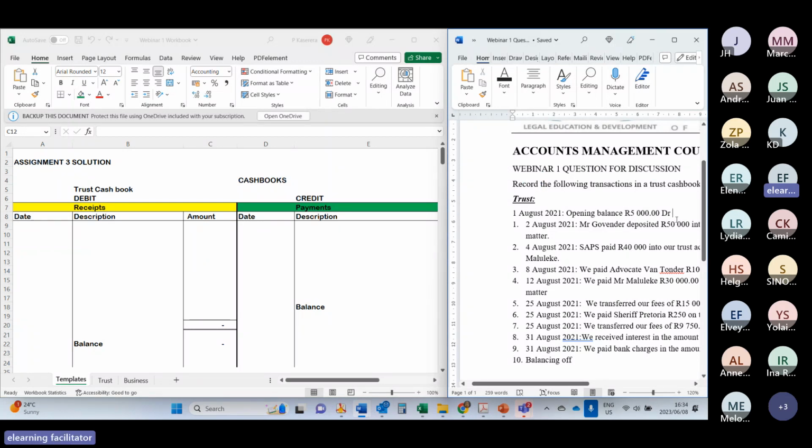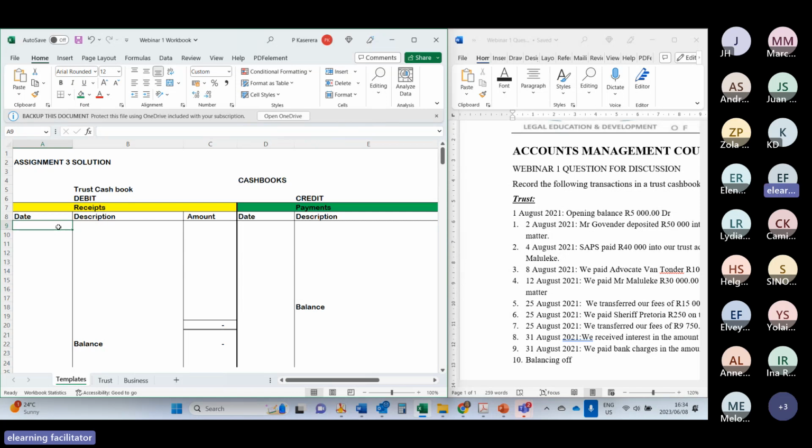Remember, I told you that we've got a debit side and a credit side. Usually the opening balance should be matched up. We should explain further and say the opening balance is made up of what? Money for client 1, 2, 3, 4, 5.